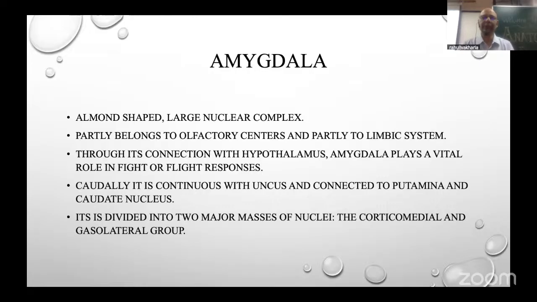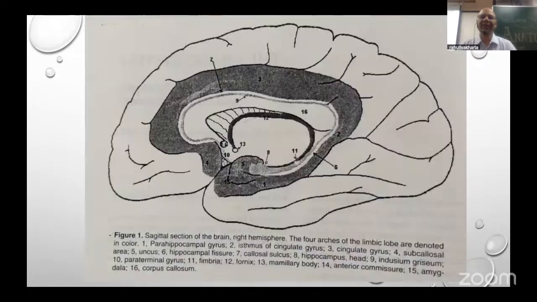Okay. So these are the various arches that we see on MR. If you see out here, this is the parahippocampal gyrus, which continues with the isthmus into the fasciolar gyrus and continues into the cingulate gyrus. It loops around the corpus callosum and ends in the presubicular paraterminal gyrus.